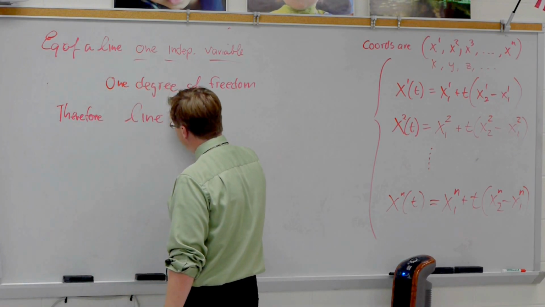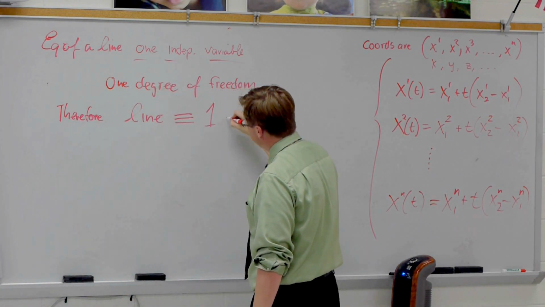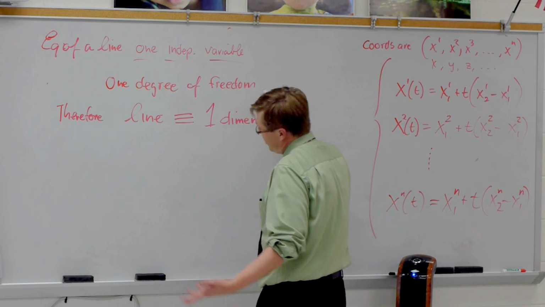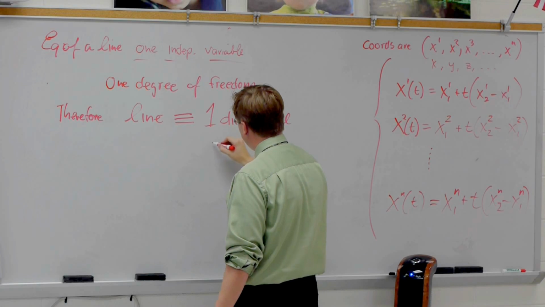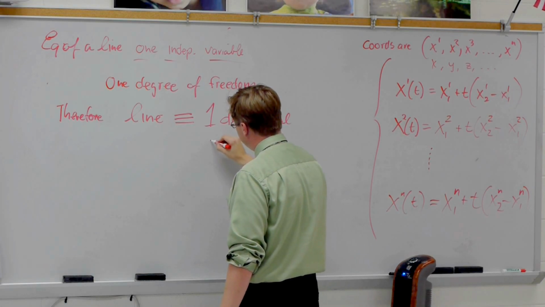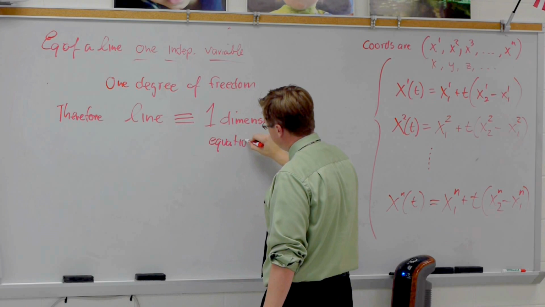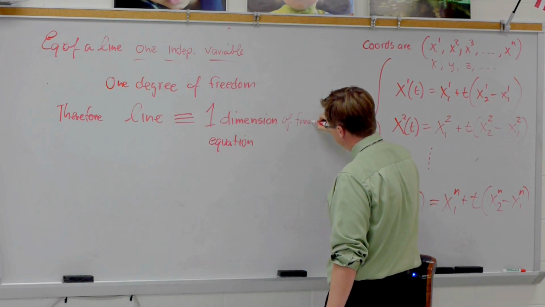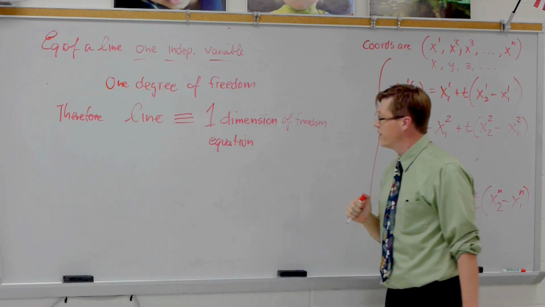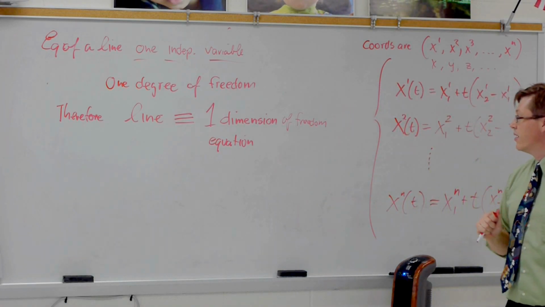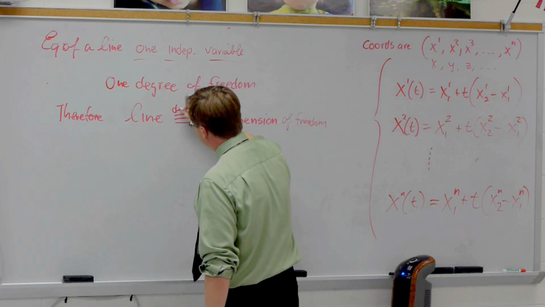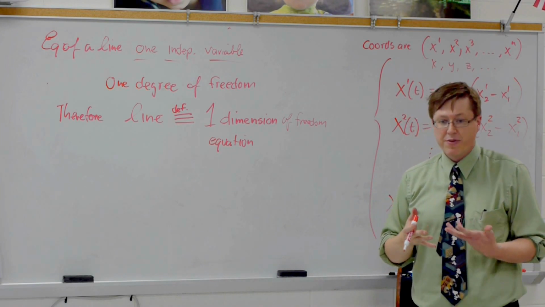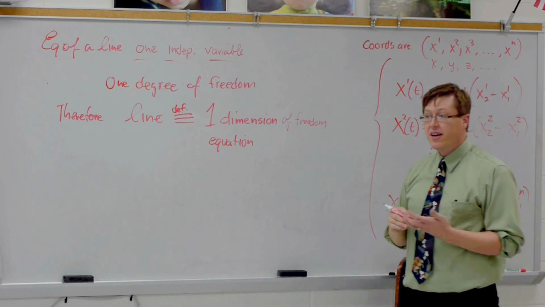Therefore, a line is equivalent to a one-dimensional, say one dimension of freedom, equation. You can take it as a definition. So this is one way I can define a line.